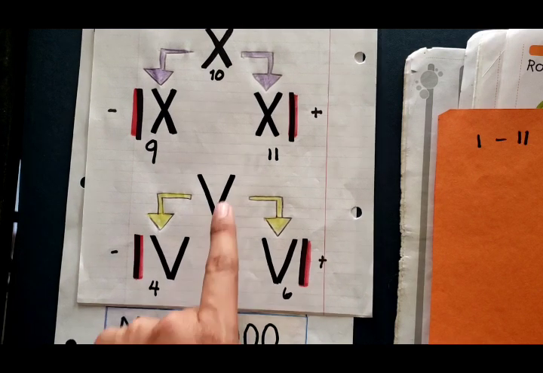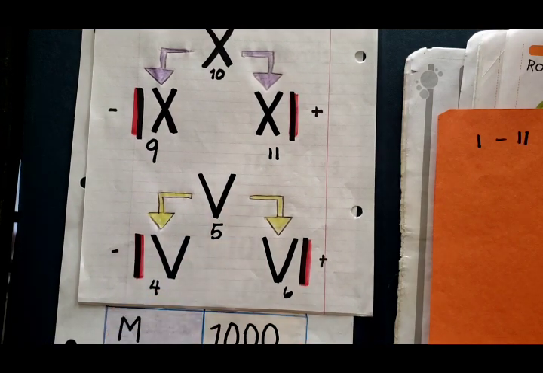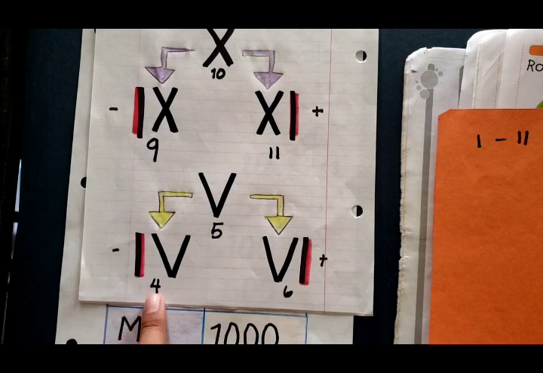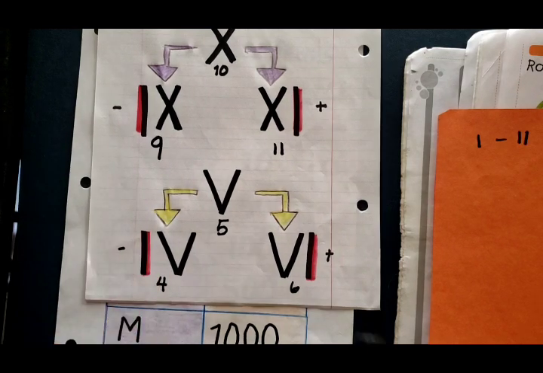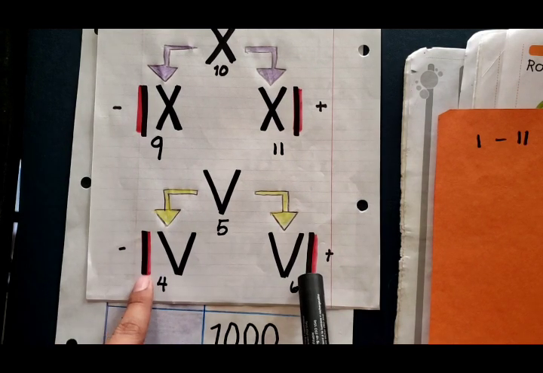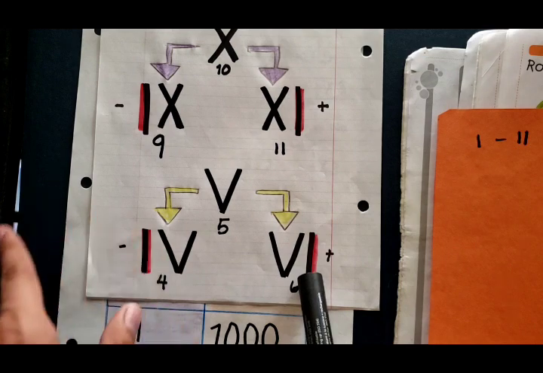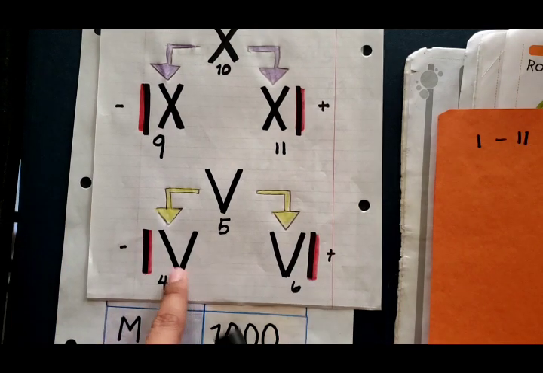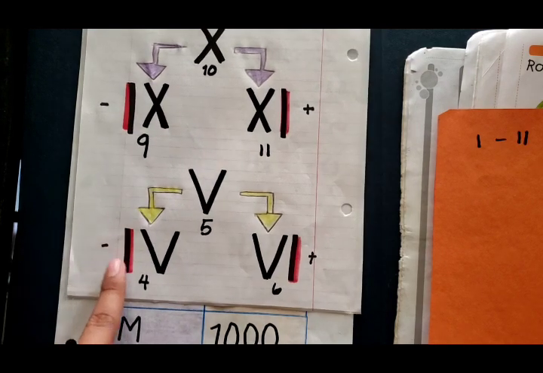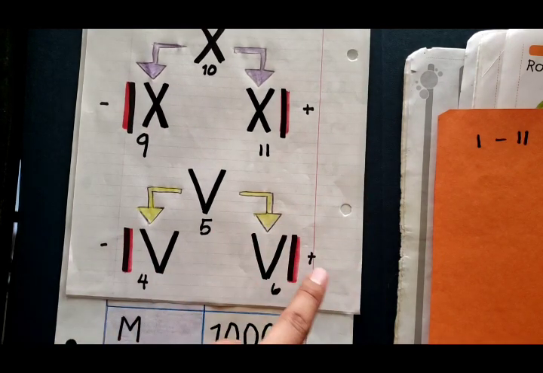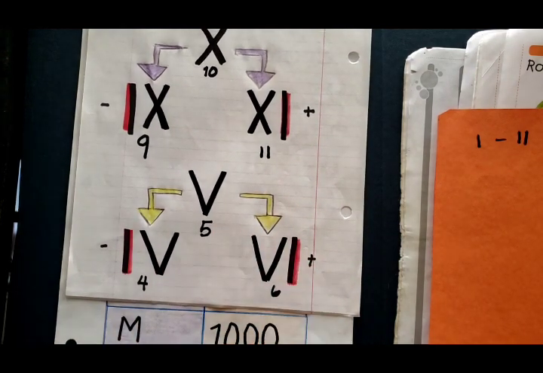The number 5 is a V. The number 4 and the number 6 use the same symbols. So look at this. If I put a line before the 5, it means minus. If I put the line after, it means plus.